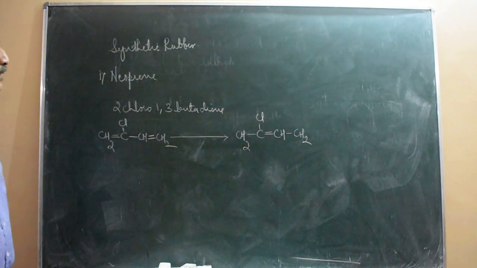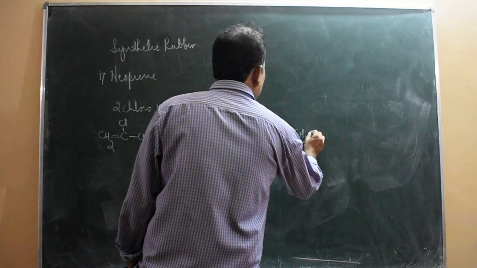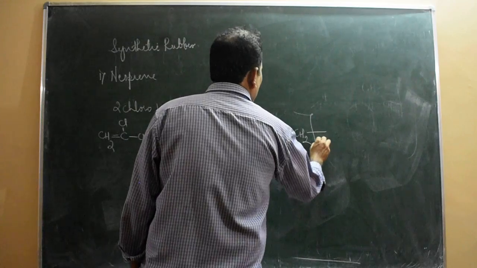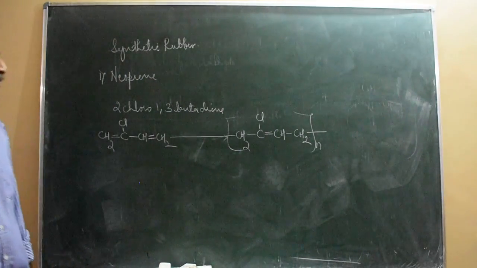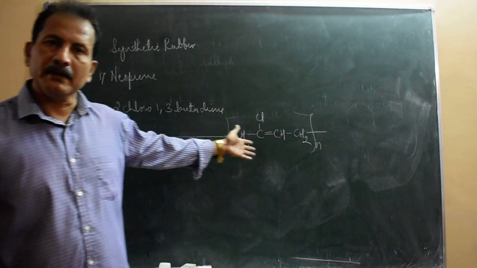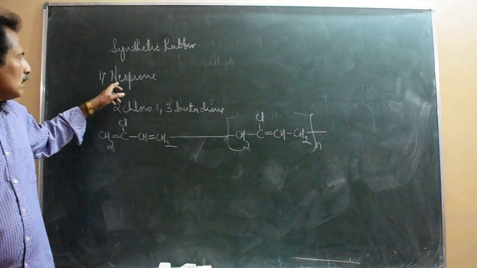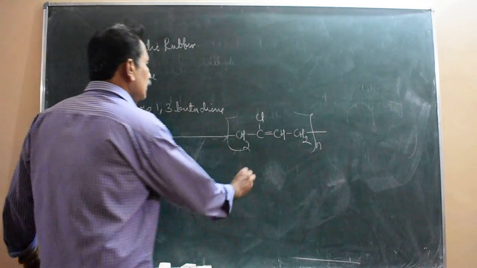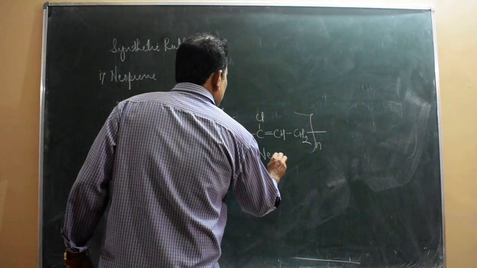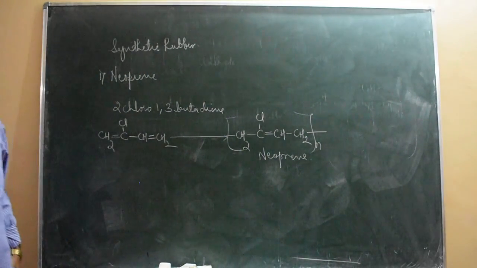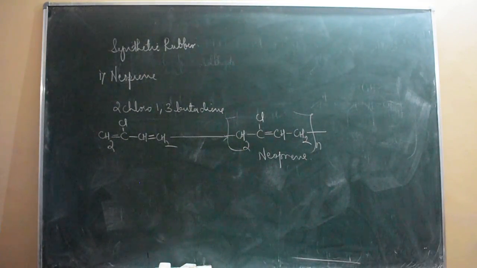Now if this monomer repeats n number of times, that is your 2-chlorobutadiene, which is nothing but called neoprene. Okay, so this is neoprene. This is one synthetic rubber.